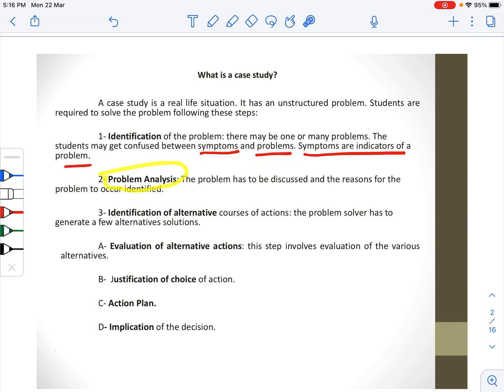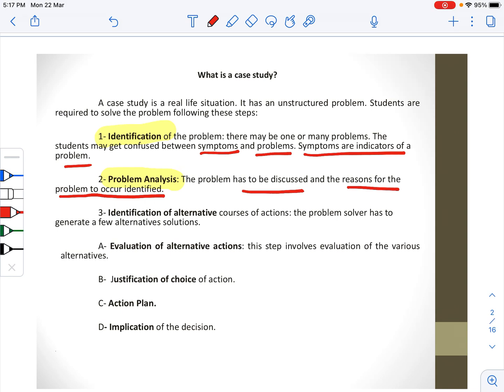Secondly is the problem analysis. After you identify the problem, you analyze the problem. You have to discuss the problem and the reasons for the problem to occur. Number one is to understand the problem. Number two is to discuss why you think this problem comes up, what's the reason behind this problem.